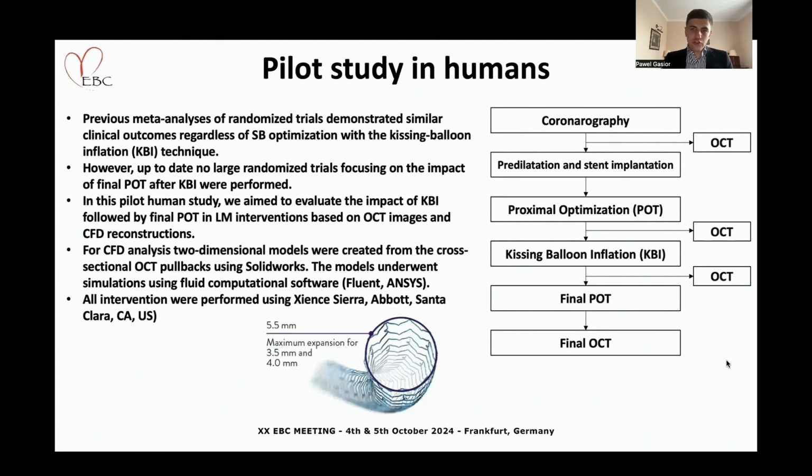So first, we of course did coronary angiography and the baseline OCT, and after selecting appropriate sizes for the balloons for the preparation and stent sizes, we implanted the stent. We prepared the lesion, implanted the stents, and then performed first POT, after which we performed OCT, in which we evaluated how everything turned out, and we also confirmed if we crossed, after rewiring, the distal cell of the stent.